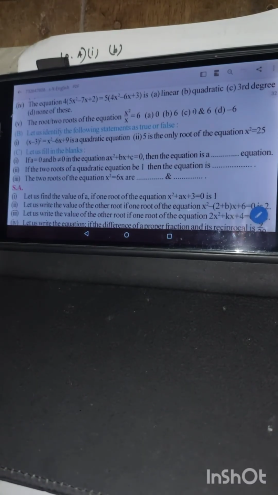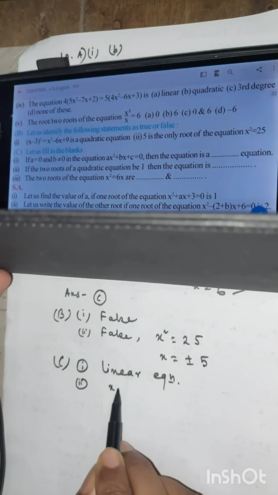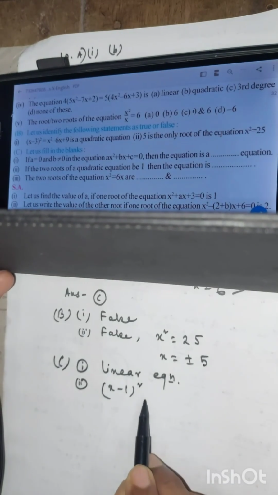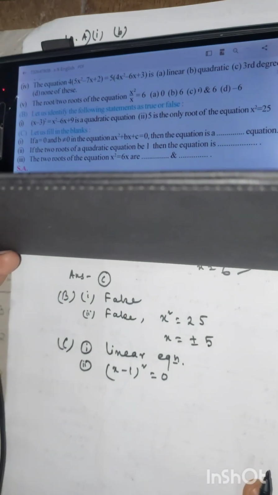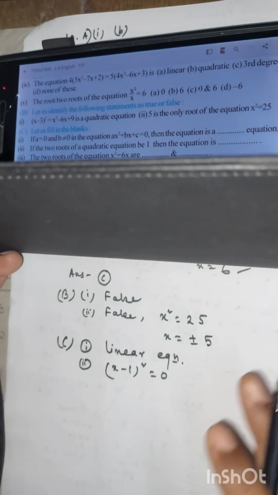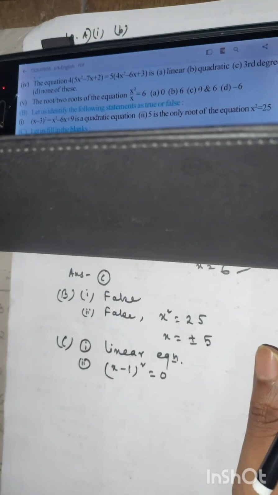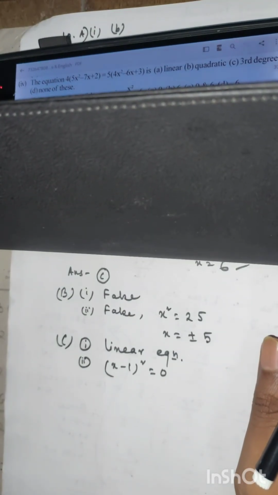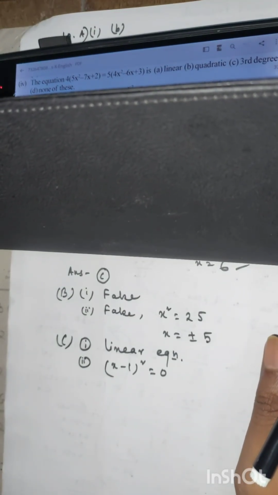Roman 2. If the two roots of a quadratic equation be 1, then the equation is, it should be this, (x minus 1) whole square equal to 0.